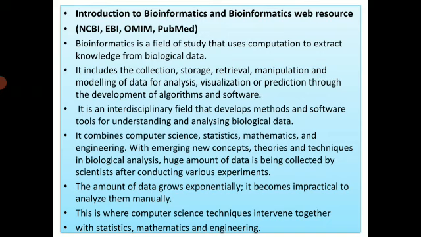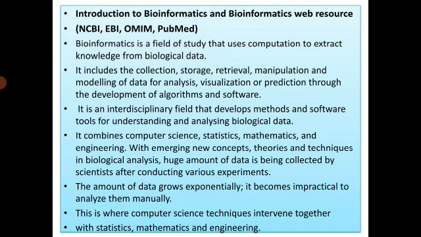That is the core of bioinformatics. It is an interdisciplinary field that develops methods and software tools for understanding and analyzing biological data. It combines computer science, statistics, mathematics, and engineering with emerging new concepts, theories, and techniques in biological analysis.